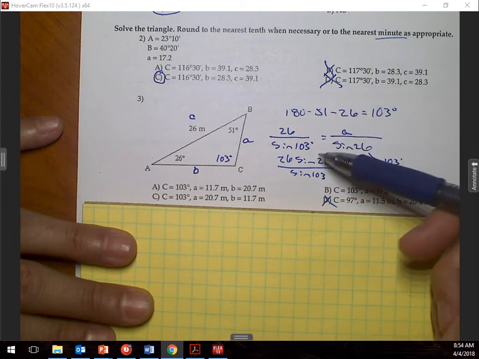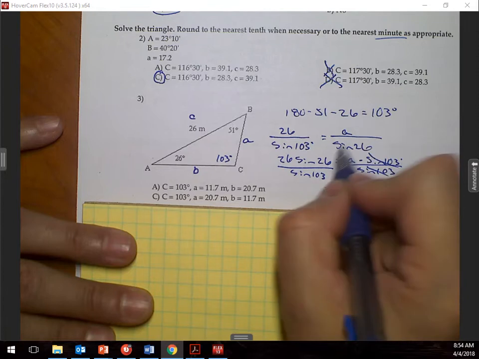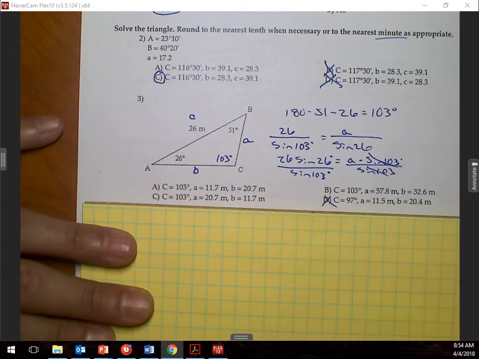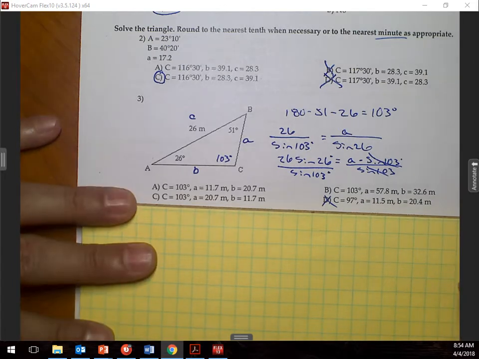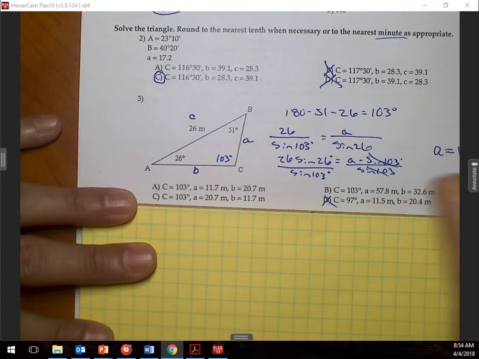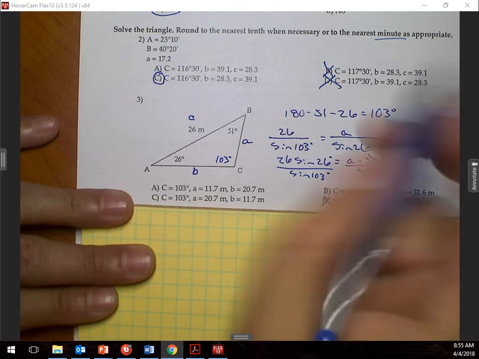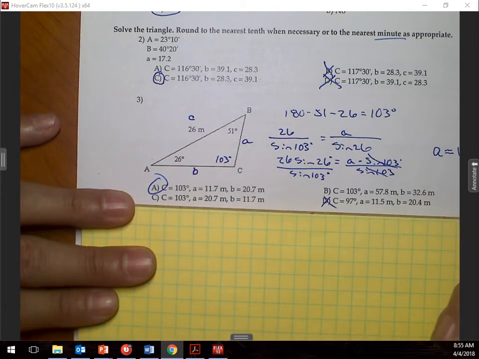So 26 times sine 26 divided by sine 103 gives you a number. And that number is? It's got to be less than 26. 11.7? 11.7. So if it's 11.7, what is my answer? A. Okay. There we go. We so smart.